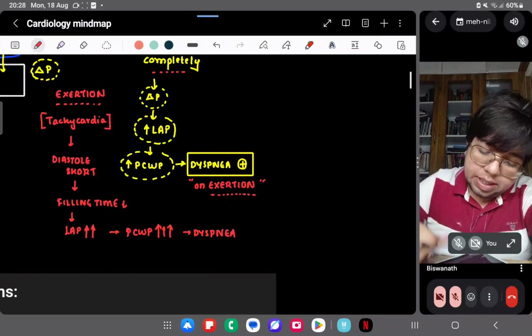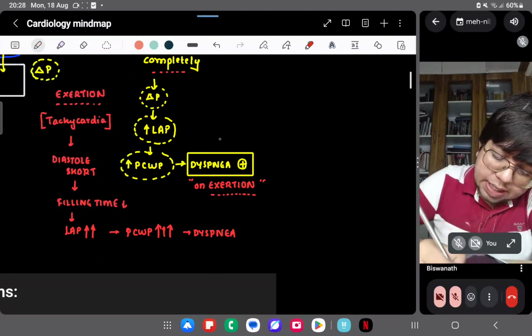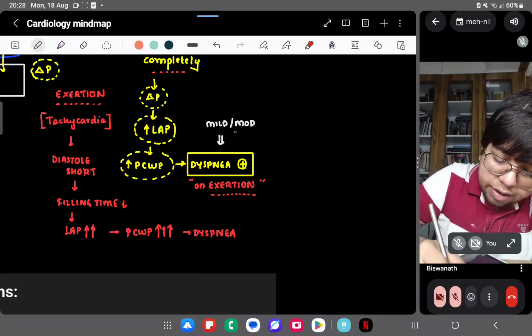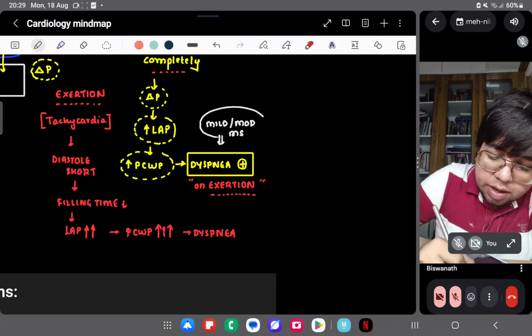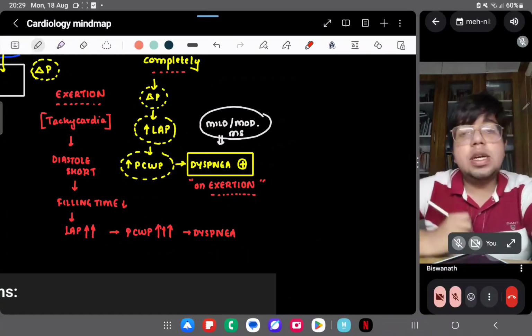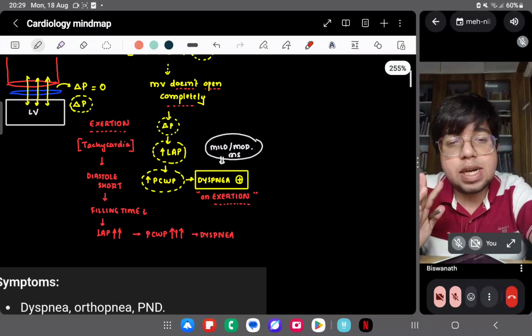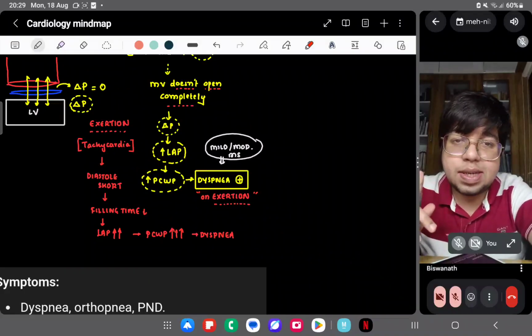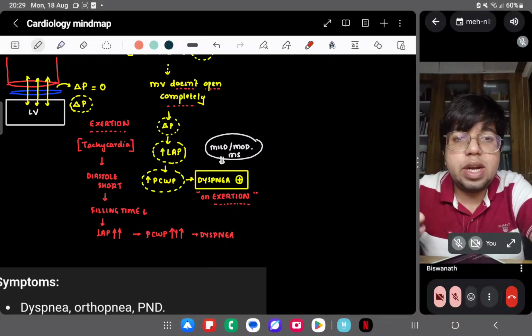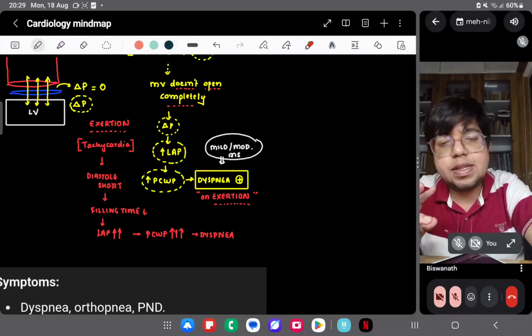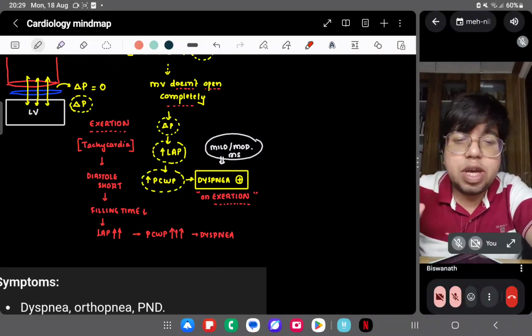So dyspnea on exertion is a manifestation of mild or moderate MS. In mild or moderate MS, the patient doesn't have many symptoms. The only symptom he usually comes with is dyspnea on exertion. You have to manage this. How will you manage this dyspnea on exertion? Basically, you give a beta blocker.